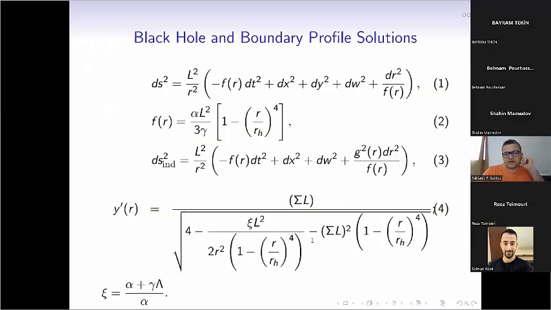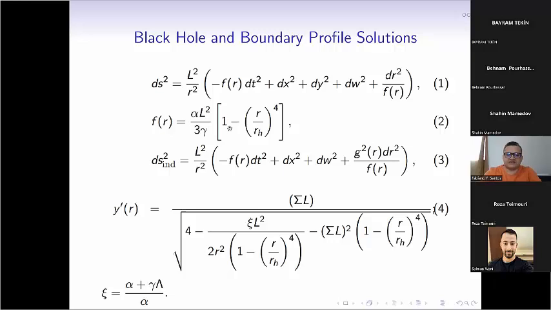With this, we need 2 more ingredients. This ingredient is a black hole in 5 dimensions on the gravity side, and for the boundary side, we have an induced metric in 4 dimensions, right? Because we establish the AdS5/BCFT4 correspondence.